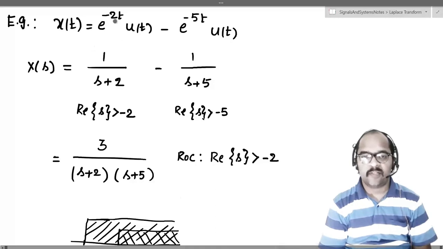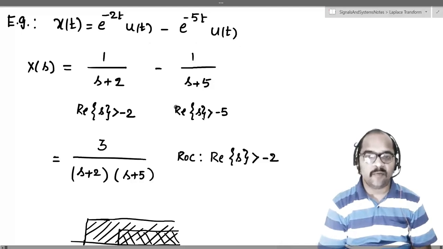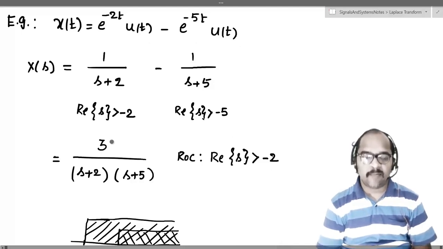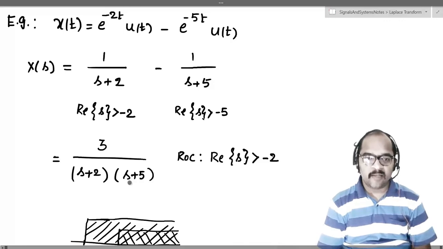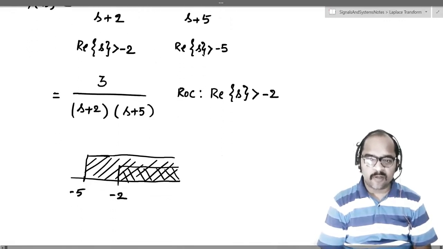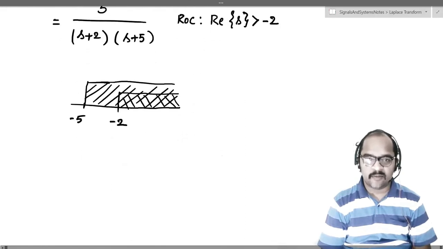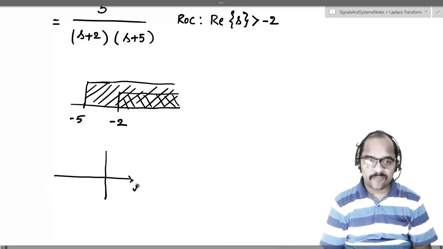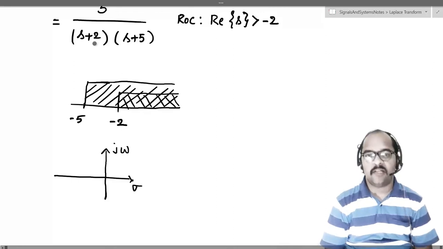If x of t equals e power minus 2t u of t minus e power minus 5t u of t, then the Laplace transform is given by 3 divided by (s plus 2)(s plus 5). Let us plot the region of convergence now. To plot the region of convergence, we should take the help of the s plane. This is sigma and this is j omega.